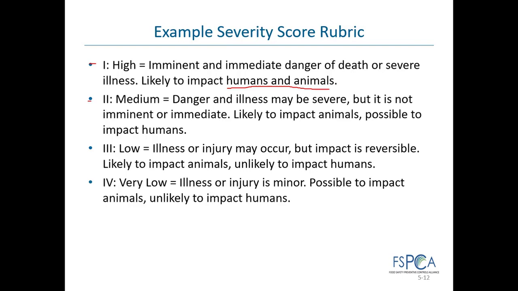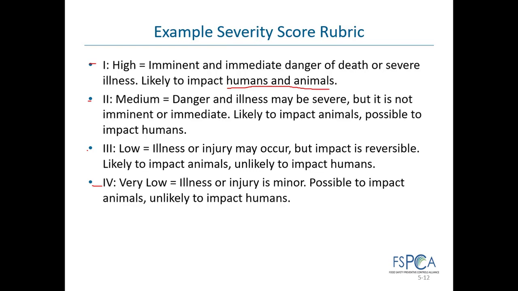Number 2 is medium. Danger and illness may be severe, but it is not imminent or immediate, likely to impact animals, possible to impact humans. Number 3, low. Illness or injury may occur, but impact is reversible, likely to impact animals, unlikely to impact humans. And number 4, very low. Illness or injury is minor, possible to impact animals, unlikely to impact humans.